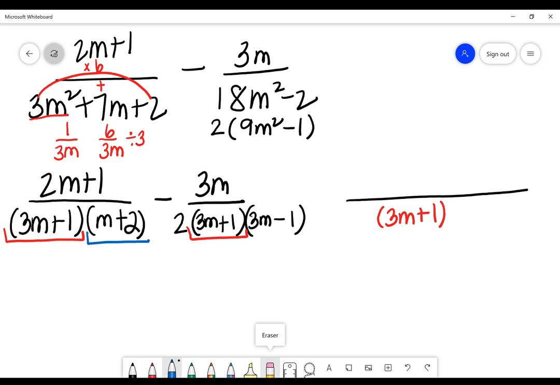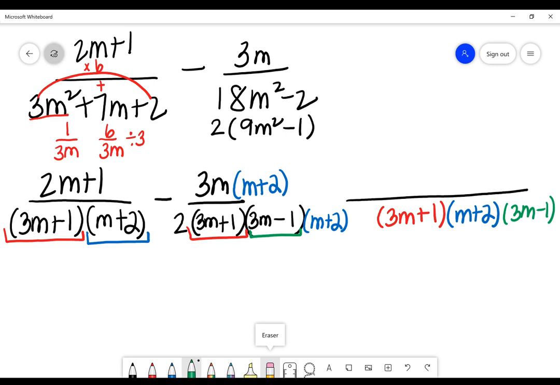However, m plus 2 is only on the left one, but we do need to incorporate that in our denominator, which means we need to multiply the second fraction by that. Then we also have a factor of 3m minus 1 that needs to go in our denominator, but it's only in the right fraction, so we need to multiply the left fraction by that.